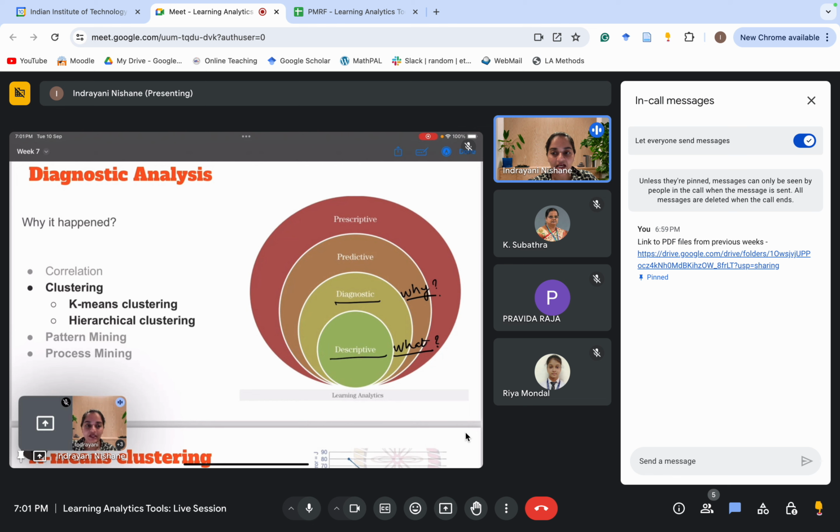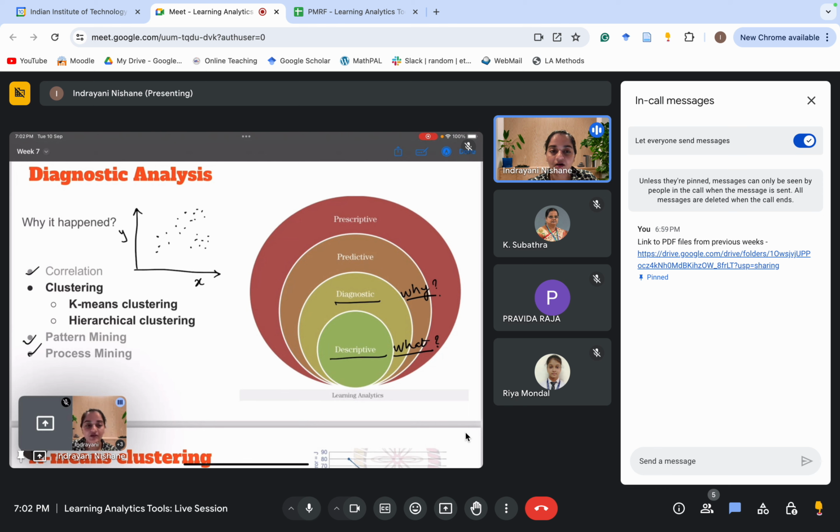Last week we saw pattern mining and process mining, and before that we saw clustering and correlation. But this week we'll look at clustering a little bit in detail. We had seen correlation from the scatterplot point of view, where we plot the dependent and independent variable and try to establish if there is any correlation between them.